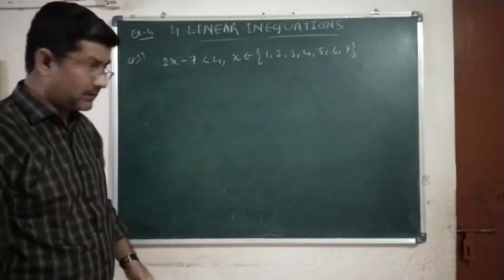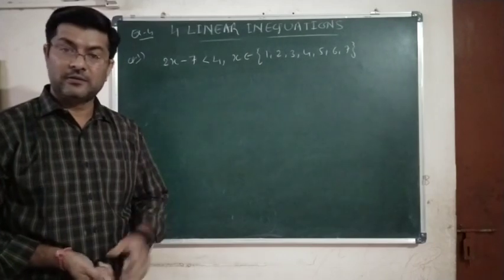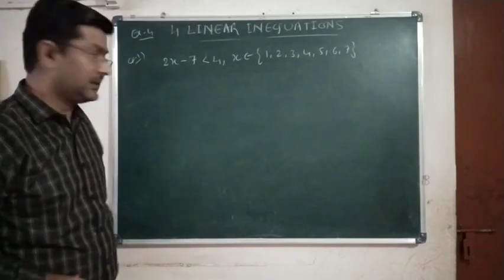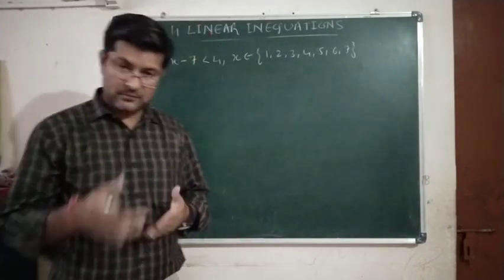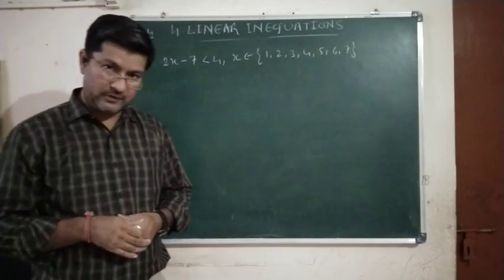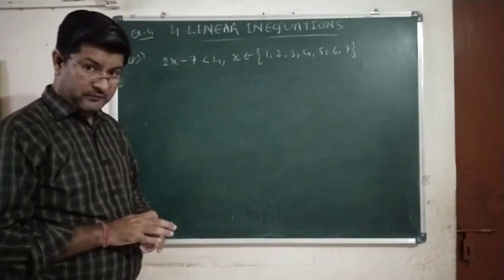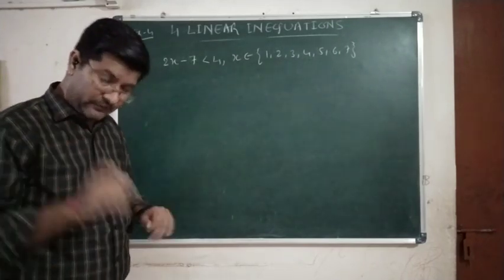We will solve the inequality. We know that solving an inequality is finding all the possible values of x which will satisfy this inequation. So let us start solving. Okay, now certain points to remember while solving. We have to solve this inequation, means we have to find the value of x.